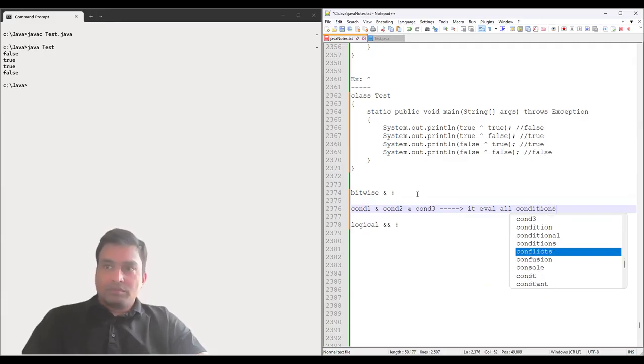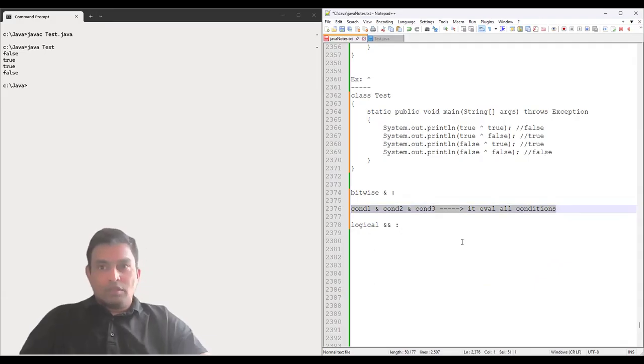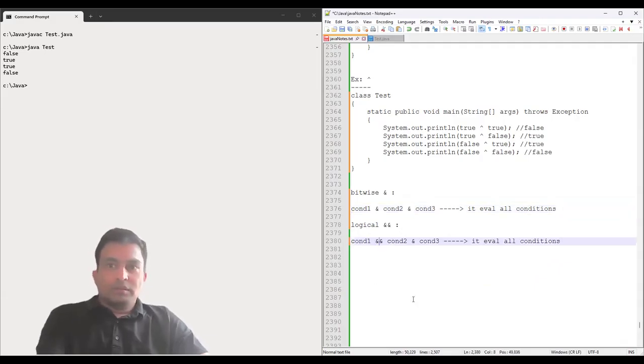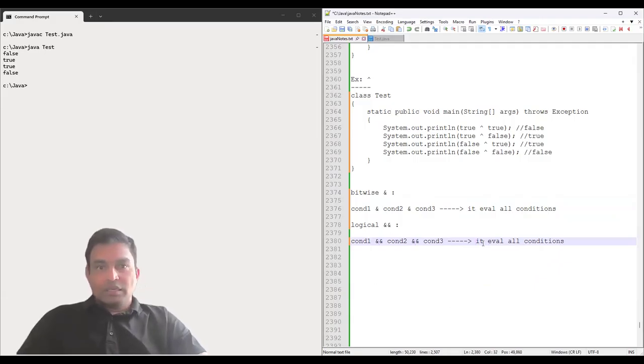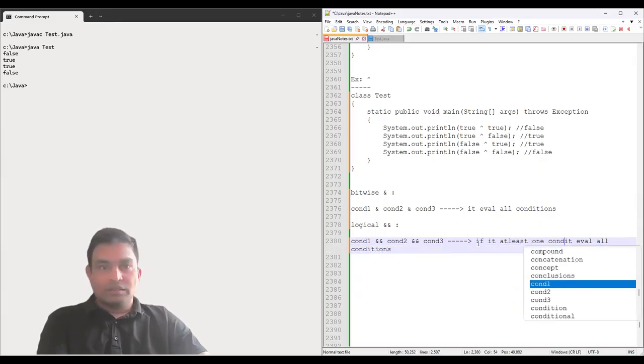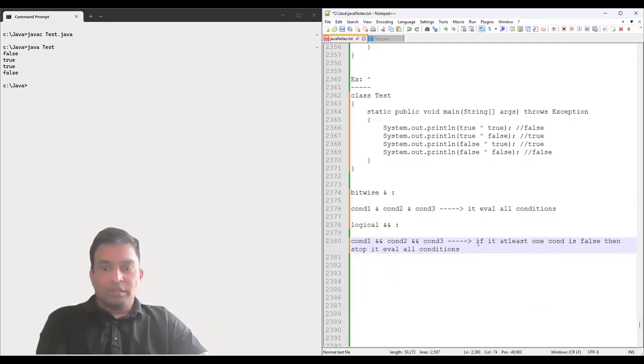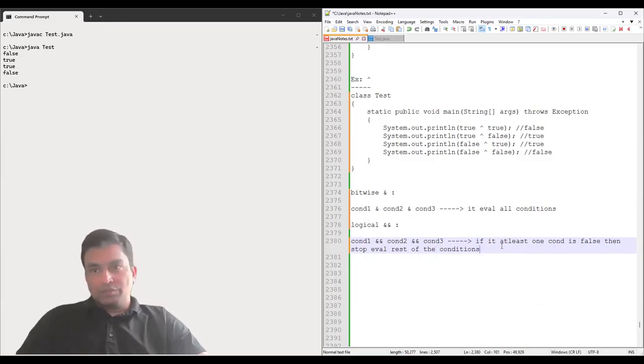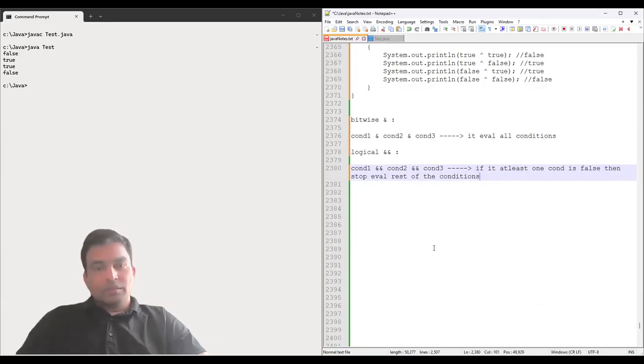But for logical AND, condition 1 logical AND condition 2 logical AND condition 3, if at least one condition is false, then it will stop evaluating the rest of the conditions.